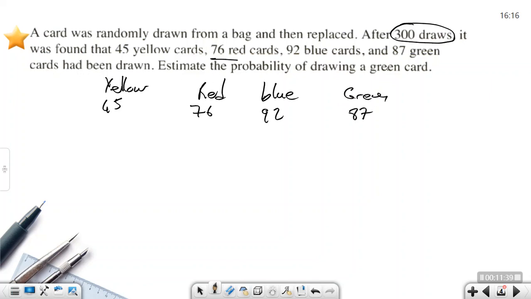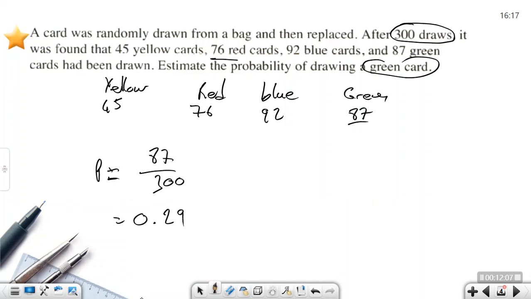Estimate the probability of drawing a green card. How many green? 87. 87 over 300. That's the probability. 87 divided by 300 equals 0.29. So the probability of green is equal to 87 over 300, 0.29.